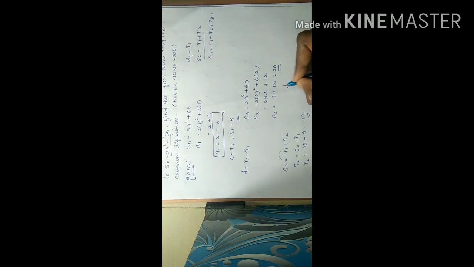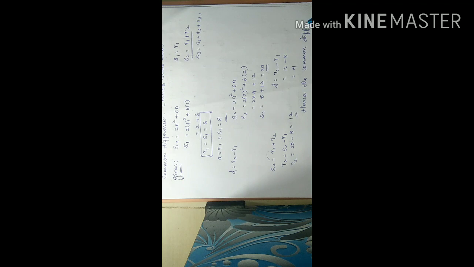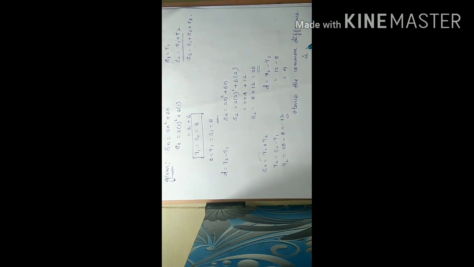So now we'll find the common difference. d is equal to T2 minus T1. What is T2? It is 12 and T1 is 8. So that is equal to 4. 12 minus 8 is equal to 4. Hence, the common difference is 4.